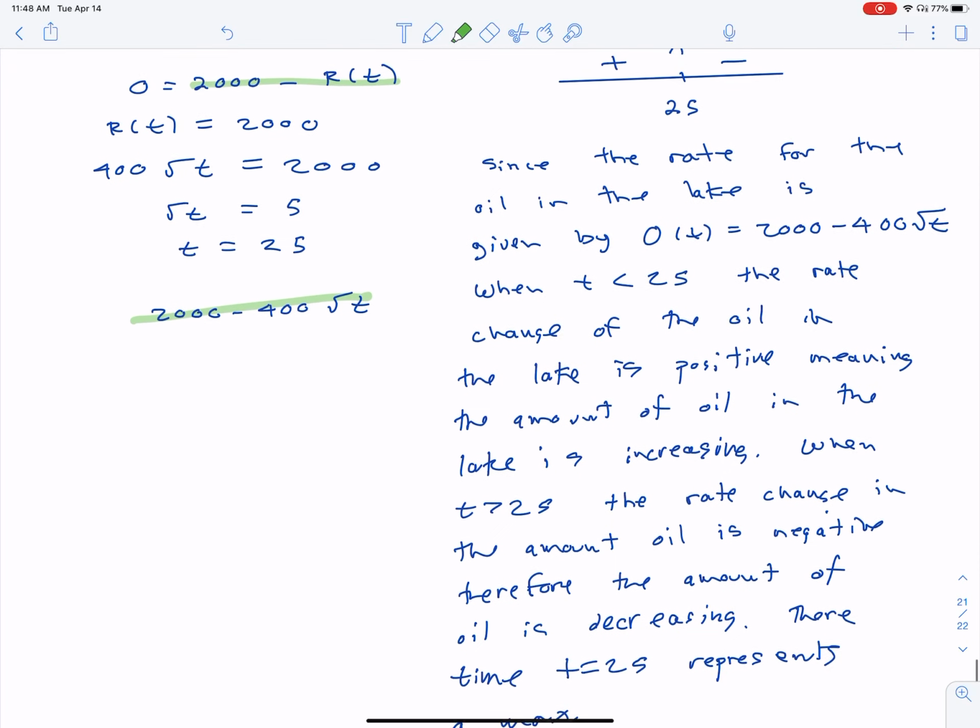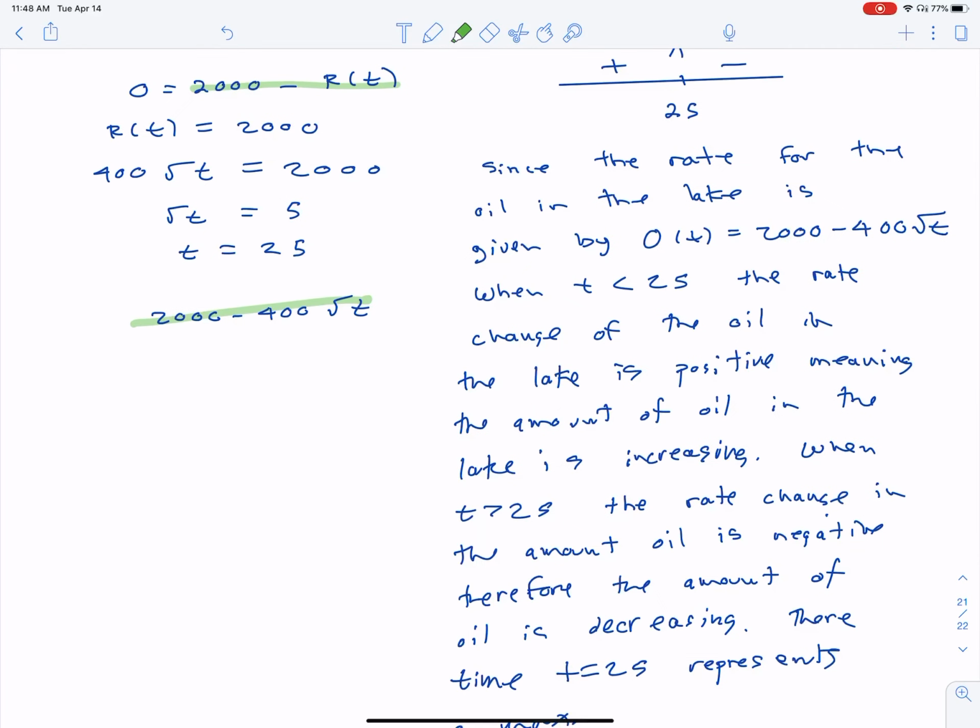One, they are looking for some version of this. Okay, either you rewrote it, you made a new function. So either you said, hey, I've got this new function, so the oil in the lake equals this, the rate of change of the oil in the lake equals this, right? And then you took the derivative of that.